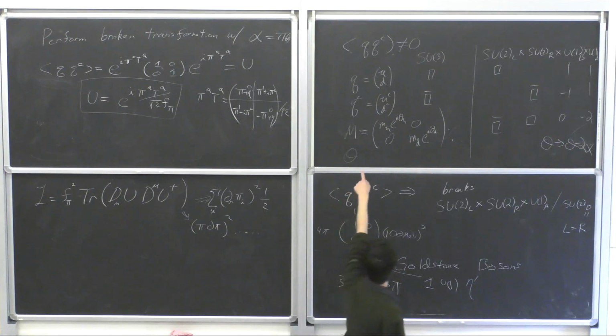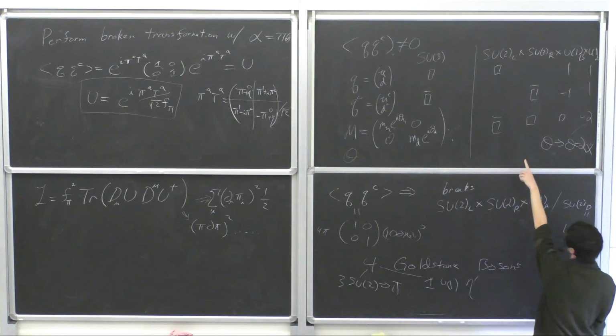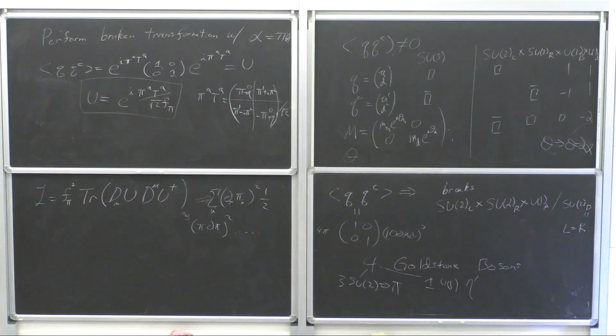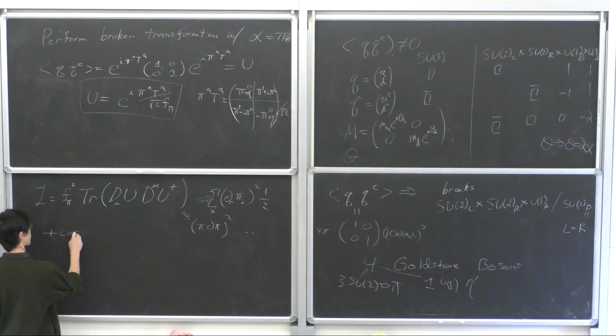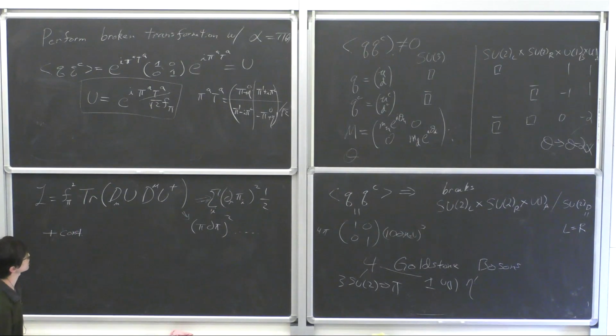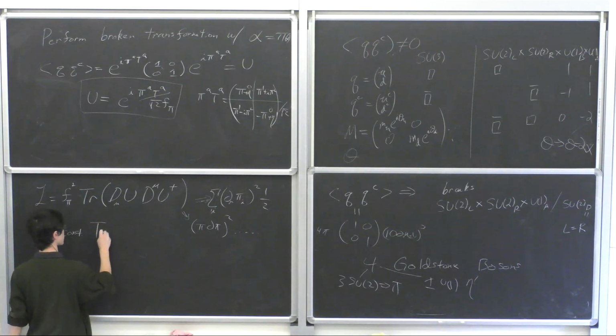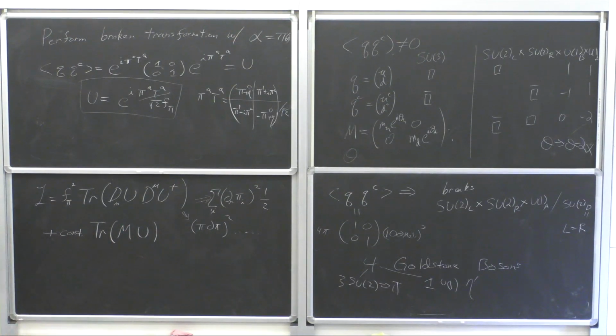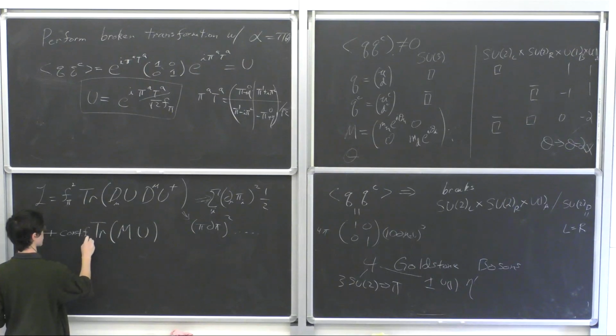So we're going to have to start writing how things transform. For example, Q times Q conjugate transforms as box bar, so fundamental under left, anti-fundamental under right. We can write an additional term, which is a constant times trace of m times U. And in fact, let's put f pi cubed here to get the order 1 numbers.